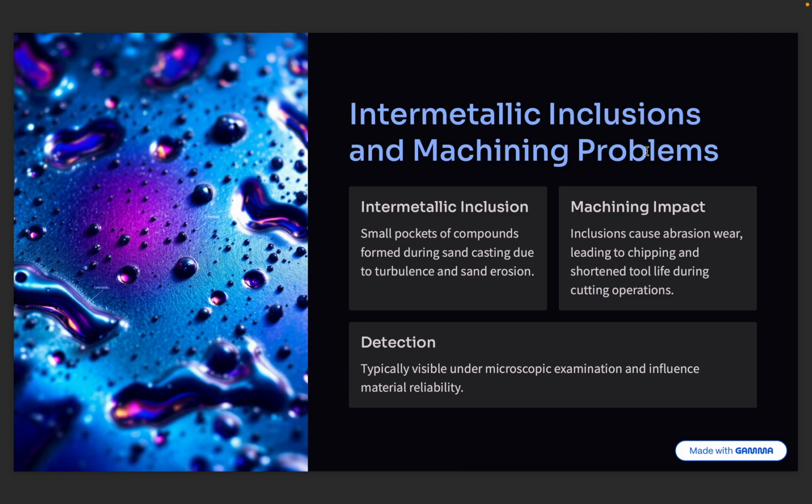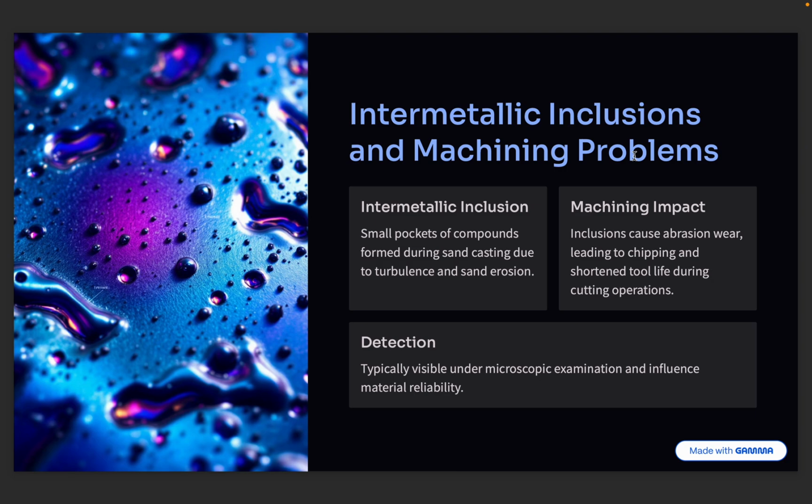So what is the machining impact of intermetallic inclusion? When those small pockets are on the resultant metal and we machine it, there is abrasion wear caused by the inclusions.